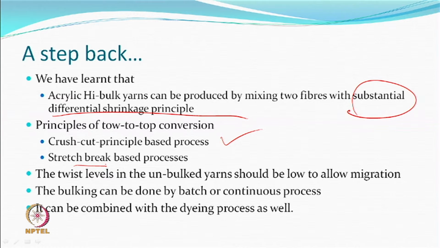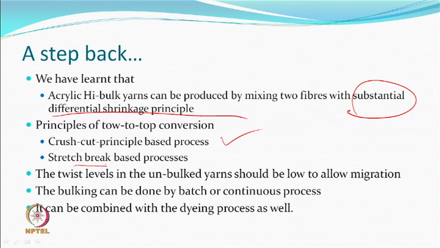The twist levels in the unbulked yarn should be low to allow migration of fibers, because the shrinkable component is supposed to migrate to the core, at least towards the core of the yarn, and the non-shrinkable component would come out and be majorly responsible for the bulk generation.